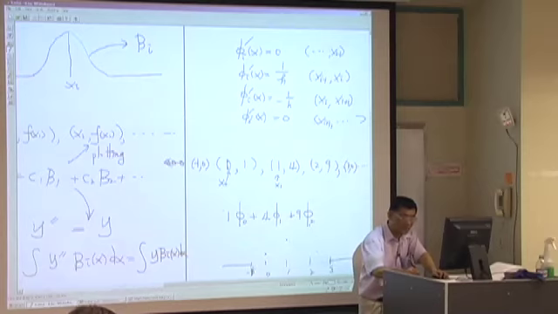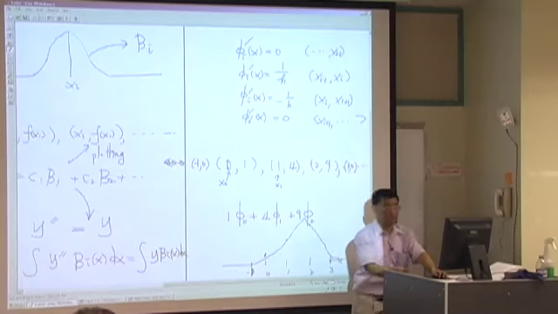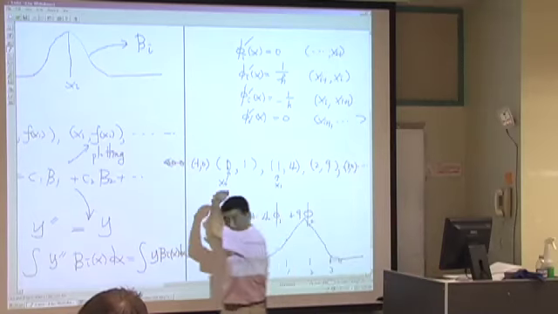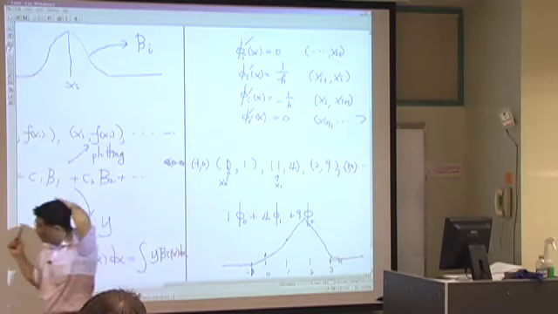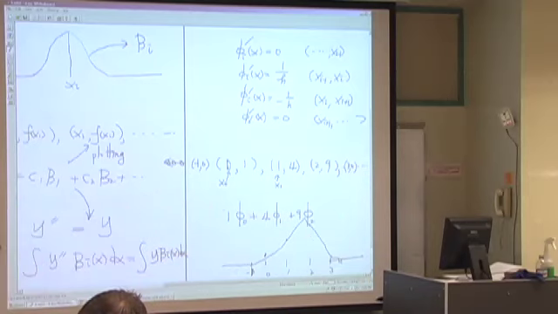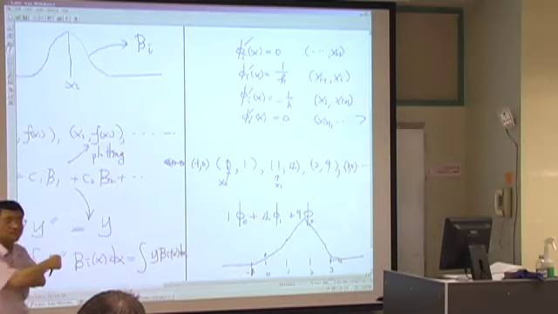So it looks like this. Right? So it looks like this. So this is the linear interpolation. Linear interpolation means just connecting points by a line.